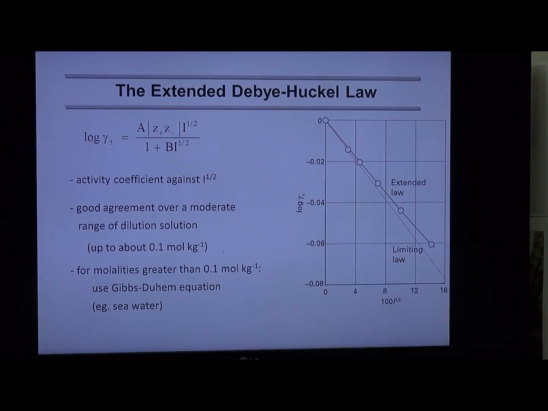I did not go into the details about this ionic behavior, but one important thing is this Debye-Hückel limiting law: ions have very strong and long-range interactions, so it's not easy to describe, and their behavior is quite different from an ideal solution because of those ionic interactions.